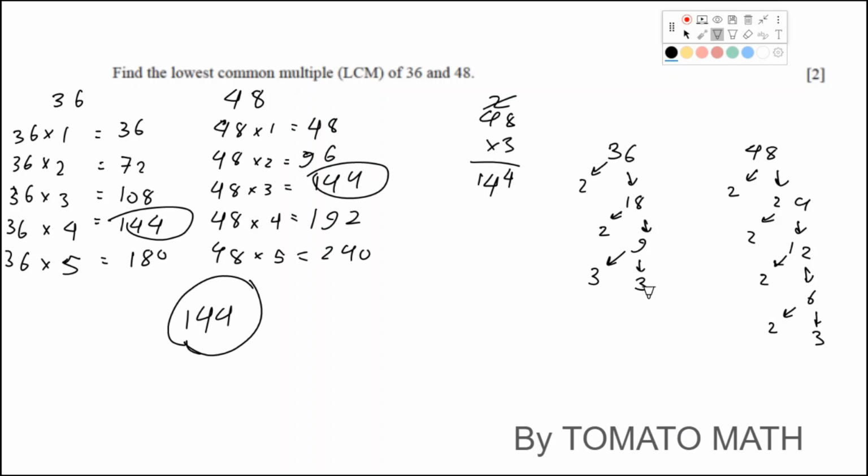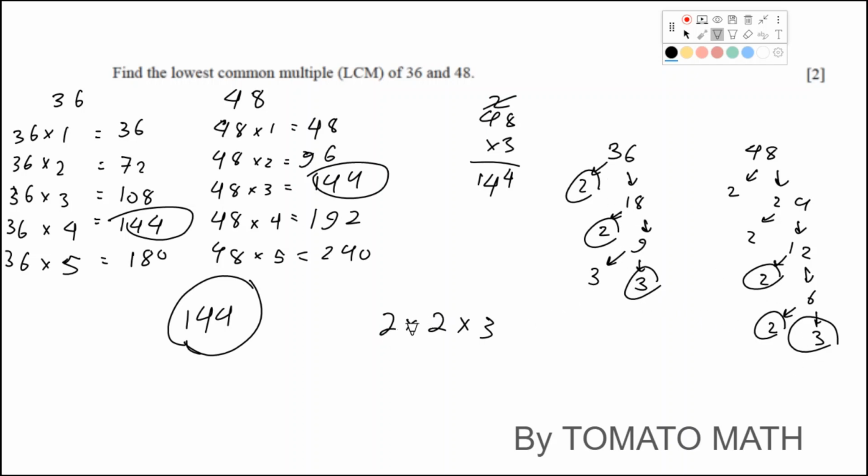Finally, you will see the common numbers. They both have one 3, and they both have two 2s. So you will only take one of these, not both, not all of it.